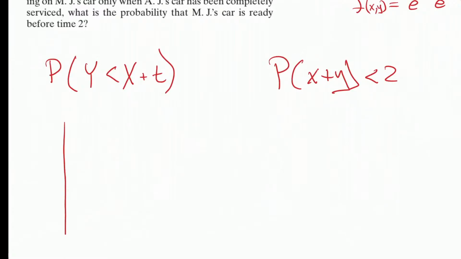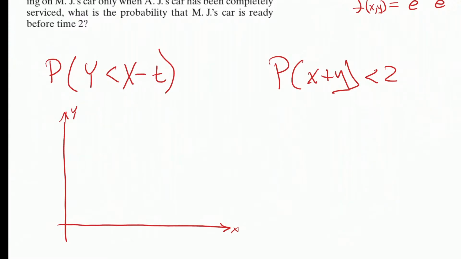Here, I better draw. Let me draw what's going on. Okay, so this is X. This is Y. So we want the amount of time. I've got it now. This should be minus.